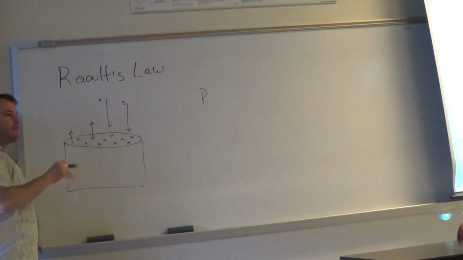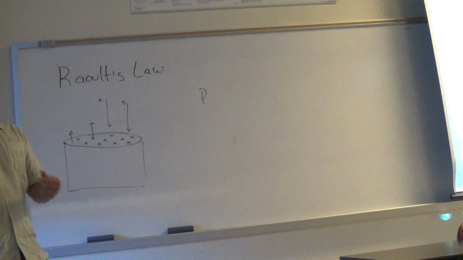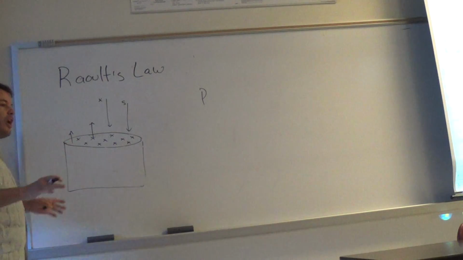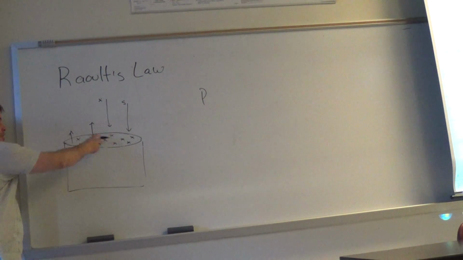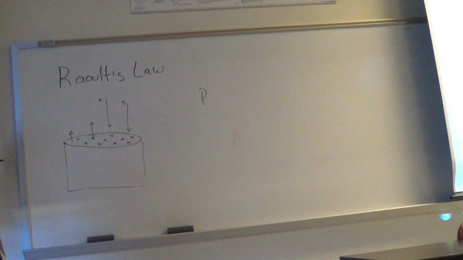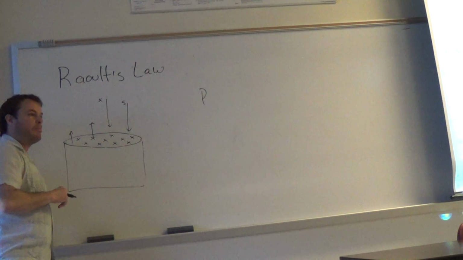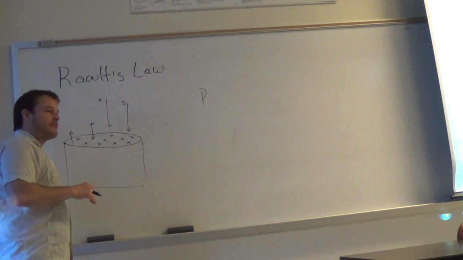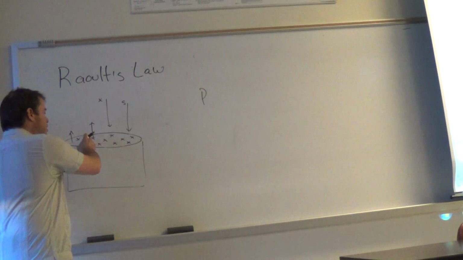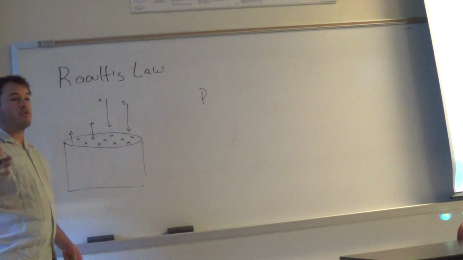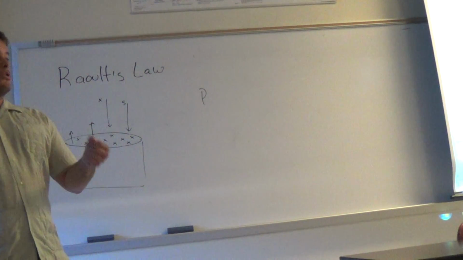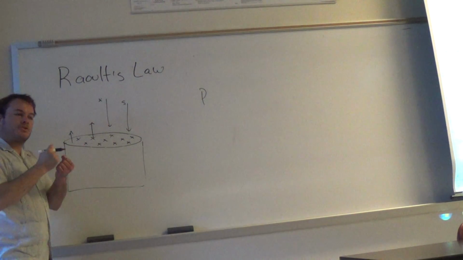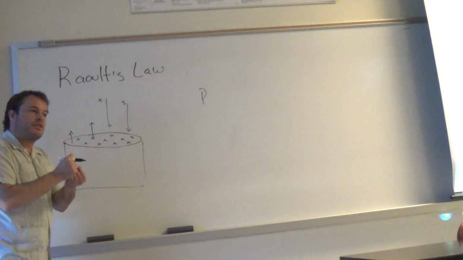If the average amount of force that one of these species is held into the solution with is not a function of the local environment created by the solvent or solute, if the forces between the solvent and the solute are the same as the forces between solute and solute and solvent and solvent, then the energy that those species are bound to the solution with is constant.